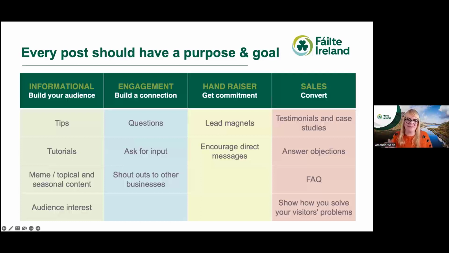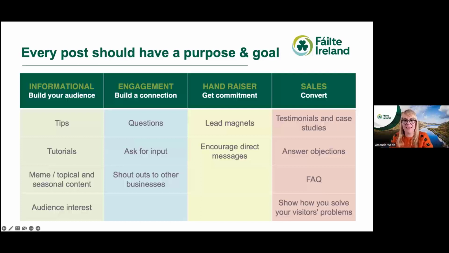The third bucket is one of those phrases that I know not a lot of people are familiar with, hand raisers. And this is where you're getting small commitment from people. So this could be something like posting a link to your lead magnet. And if you're not familiar with that term lead magnet, a lead magnet is something like an ebook or a packing list. I'm obsessed with packing. Or a checklist or something that people will sign up for.